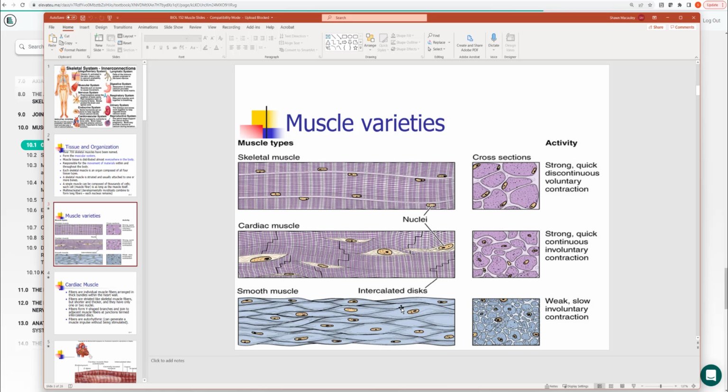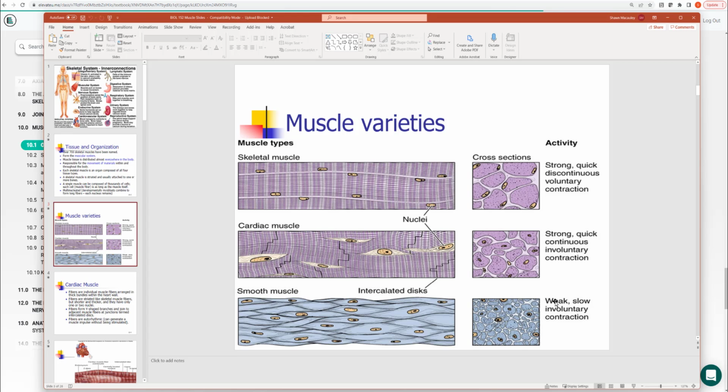And then finally, there is smooth muscle. And here you can much more easily see, this is why I wanted to go to this slide, that these cells are individual, they're short, they are what we call fusiform or cigar-shaped. Notice they have two tapered ends. The single nucleus is found right in the center of the cell. And note that there are no striation patterns within smooth muscle. So how would we describe smooth muscle?